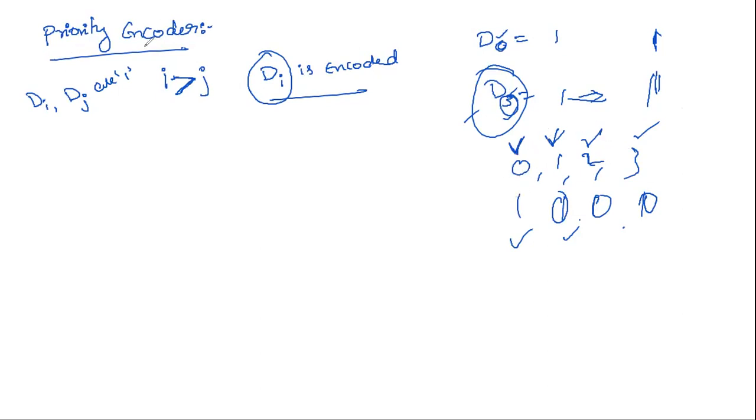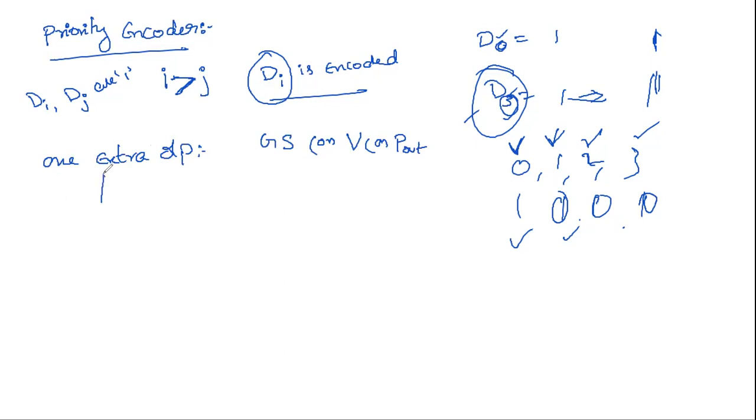For this priority encoder, we have one extra output. That output is denoted as GS, or validator, or parity output.